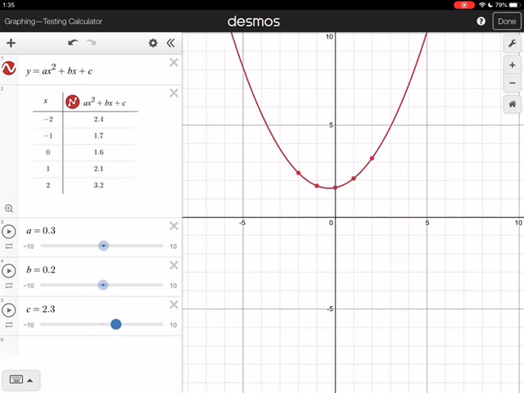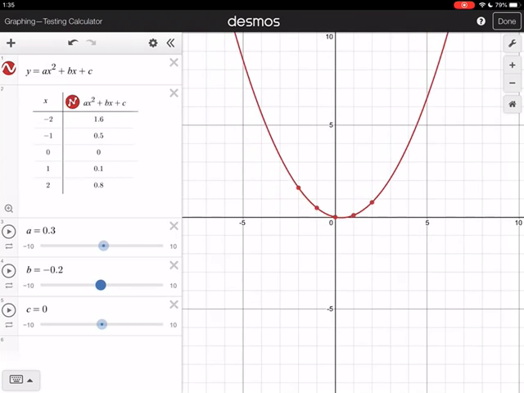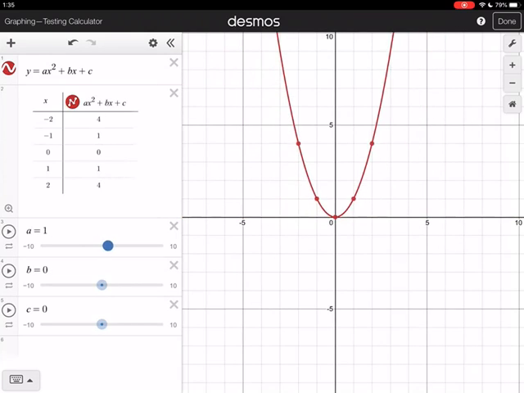That's like when you're right here, for example. So like this graph has 1, you know what? I'm just gonna set this just so it's obvious. Like right there, that has 1 x-intercept at (0, 0).